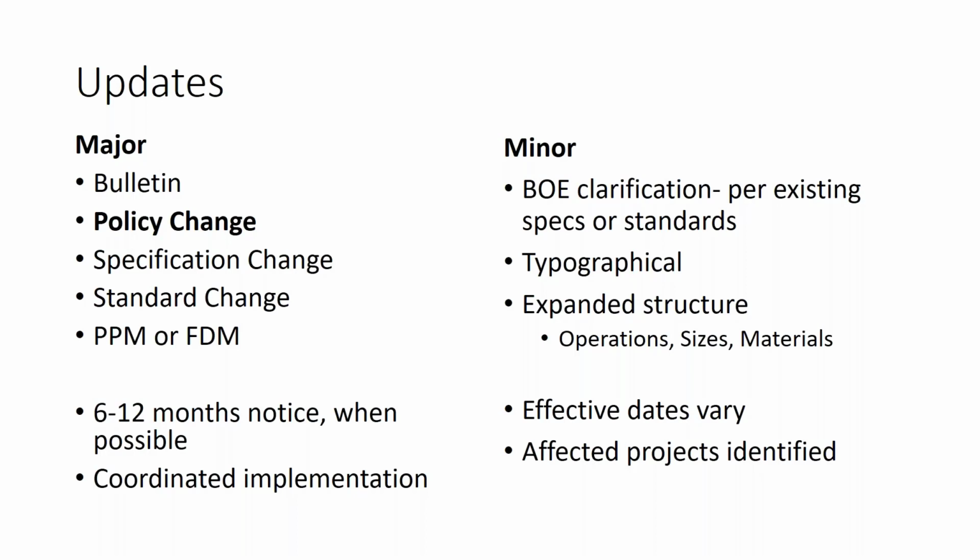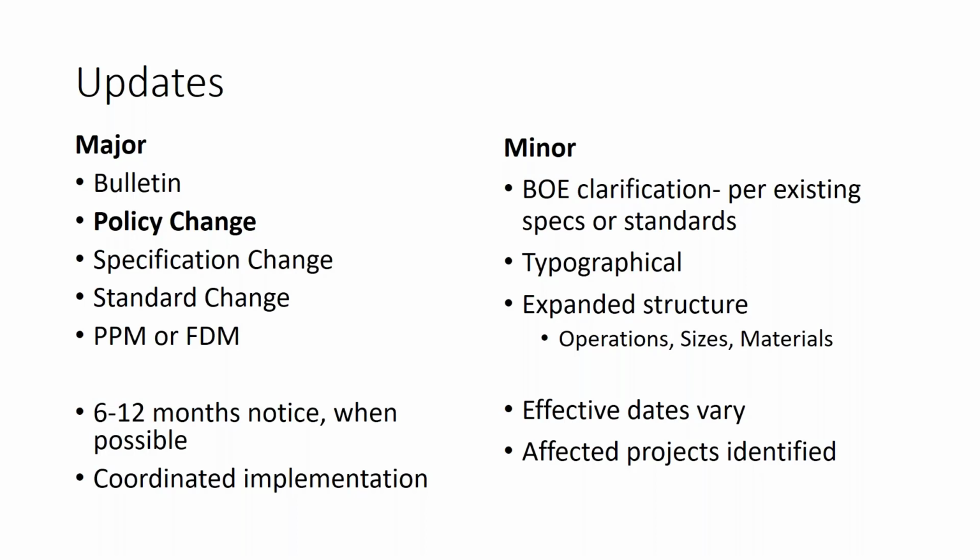We generally try to allow for 6 to 12 months notice prior to the letting date in which it's implemented, and we try to ensure that we've coordinated implementation. If there's a summary box change that needs to be coordinated through the CAD office, or changes in those guidance instructions, we try to ensure that those are coordinated between the various offices.